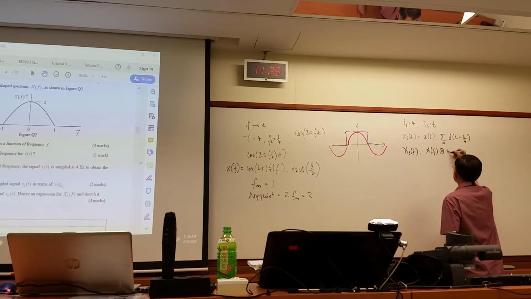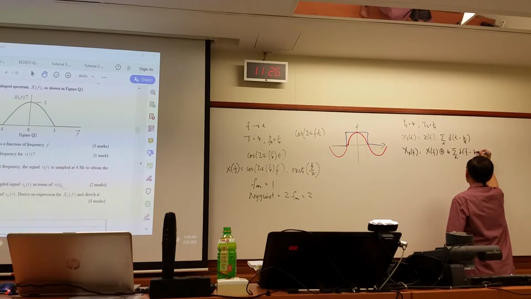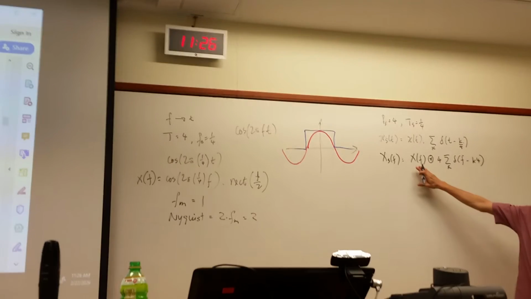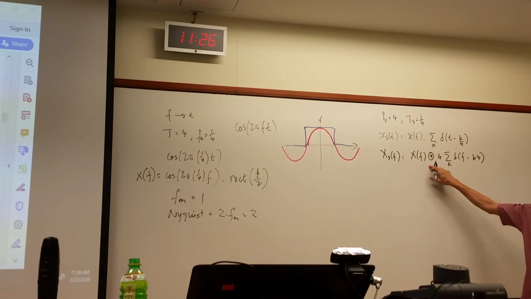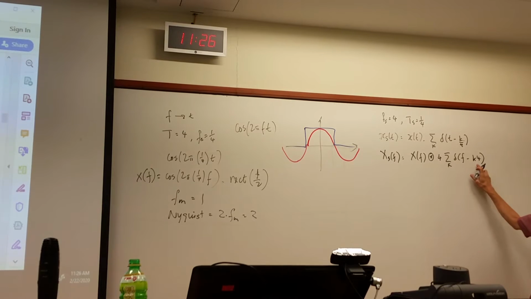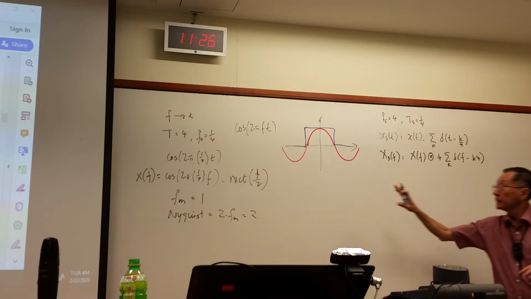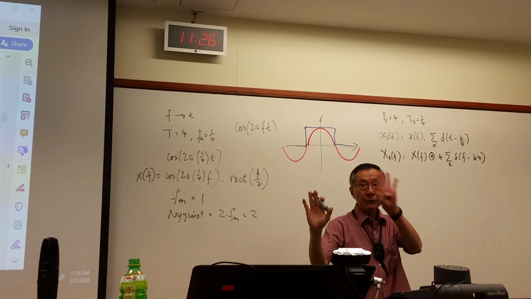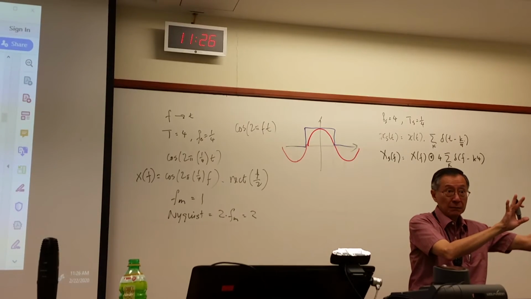This guy becomes 4. Right? So I'm going to take X(f) and repeat this because of the convolution at multiples of 4 Hertz. So X(f), which is this guy here, will be at 0, 4 Hertz, 8 Hertz, 12 Hertz, etc. Okay.